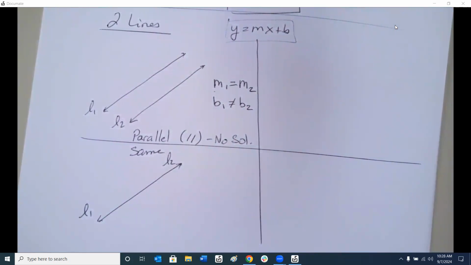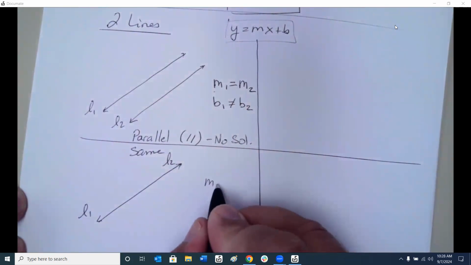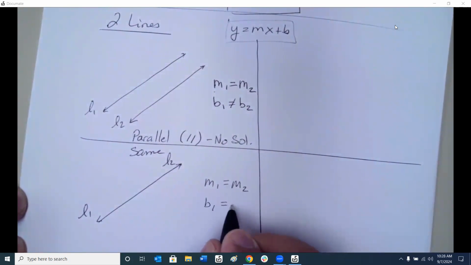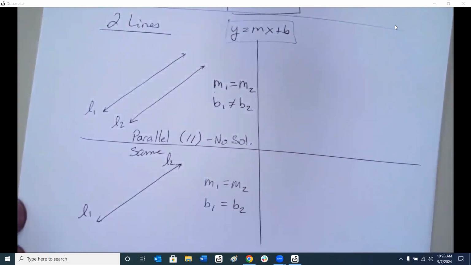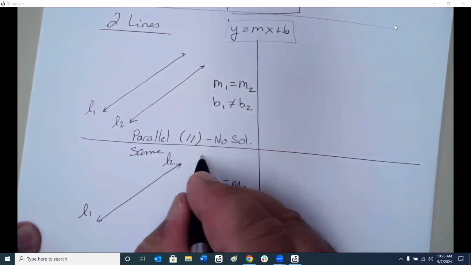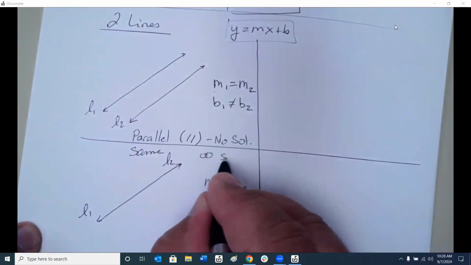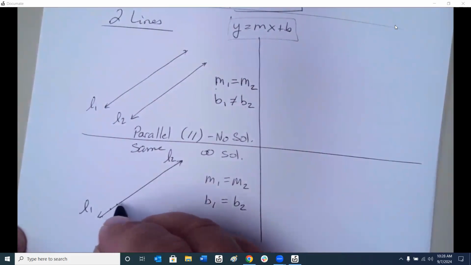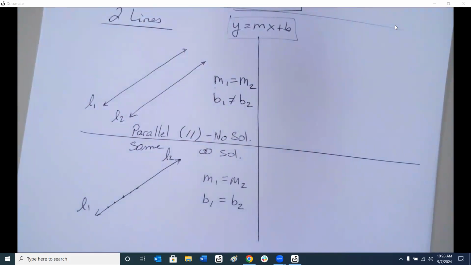What do they have in common now? They have the same slopes, and they have the same y-intercepts. How many solutions? Infinite solutions, because every point is a solution.